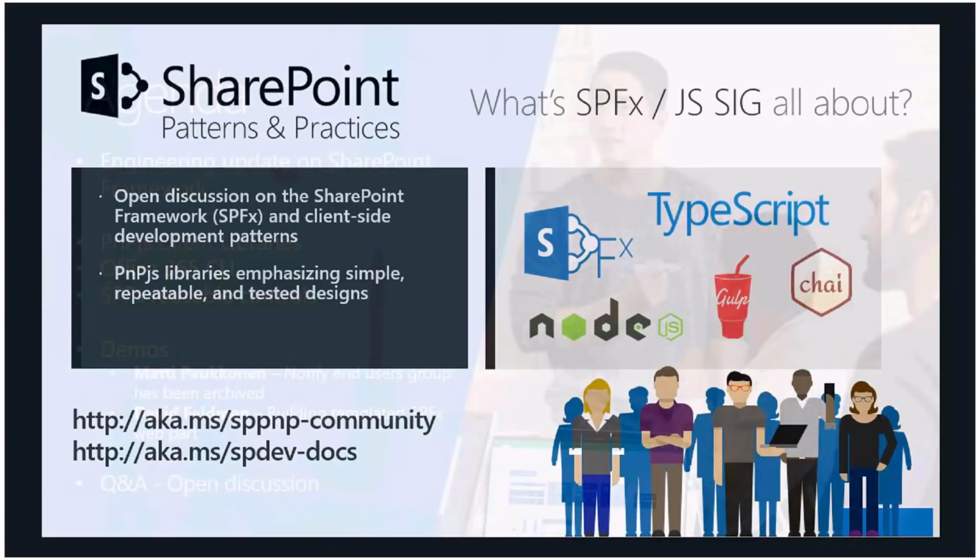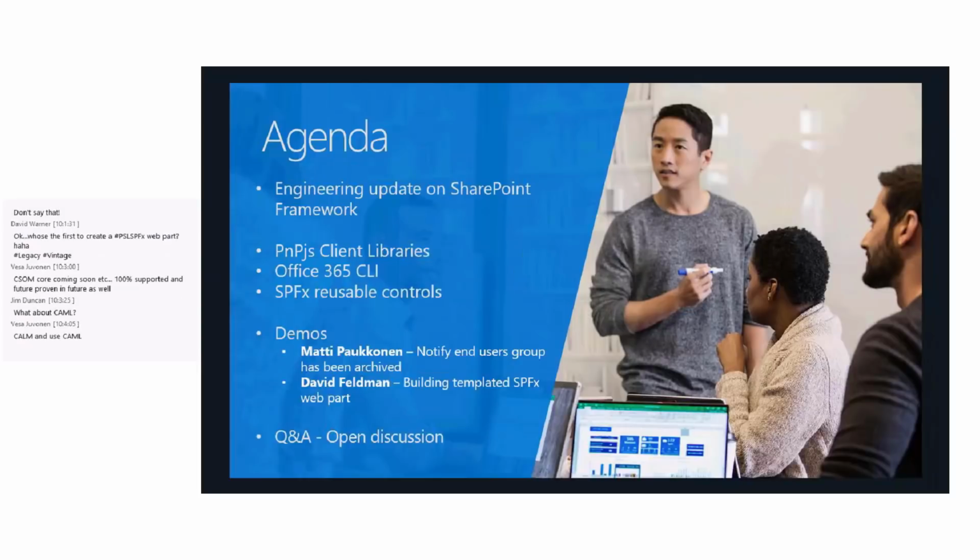So moving into our agenda for this call, as always, we'll start with an engineering update on SharePoint Framework. We'll do a quick update on the PnP JS client-side libraries, as well as the Office 365 CLI and the SPFx reusable controls. Then we'll get into two great demos, one from Maddie on an application customizer to notify end users of a SharePoint site when the underlying group has been archived, so a neat solution there.